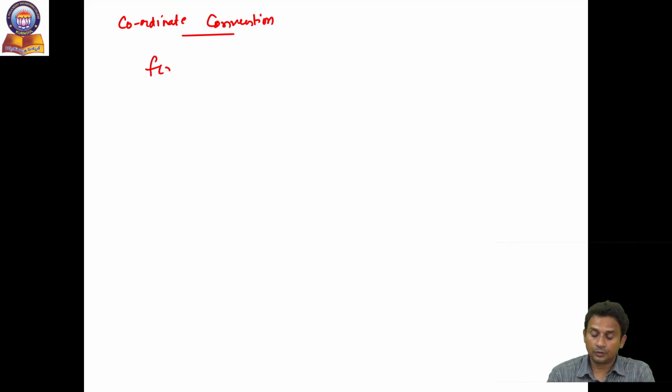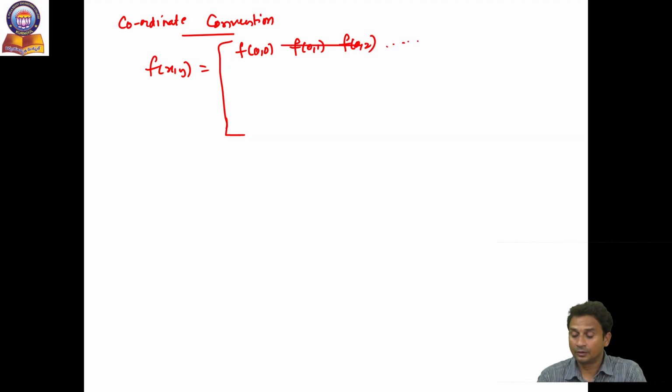So f of x, y is a 2D matrix. The first pixel coordinate is 0, 0, the second pixel coordinate is 0, 1, the third pixel coordinate is 0, 2, and so on. If you assume the number of columns is n, then the last is n minus 1.